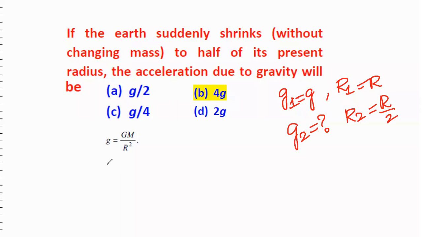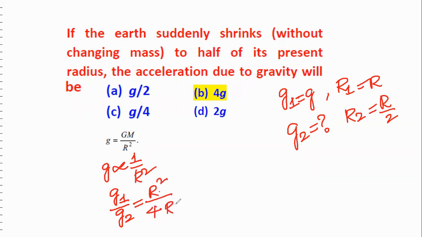Since g is equal to GM by R square, g is inversely proportional to R square. g1 divided by g2 is equal to R2 square by 4 into R2 square, that is, R by 2 whole square into R square.